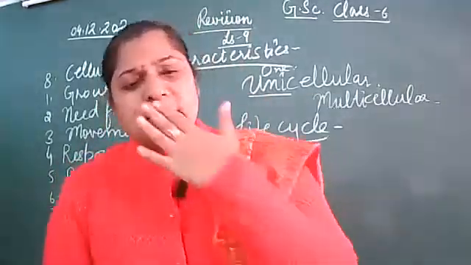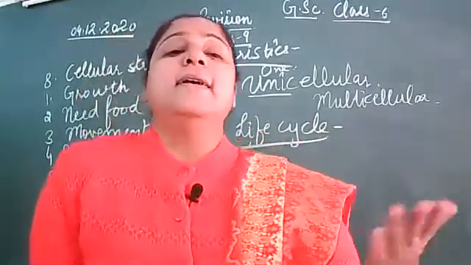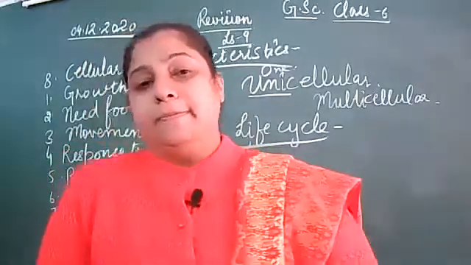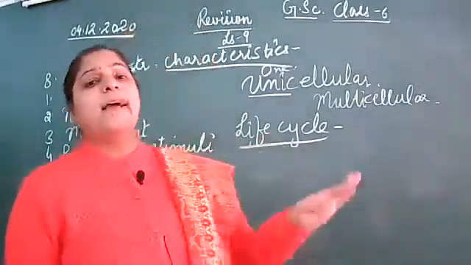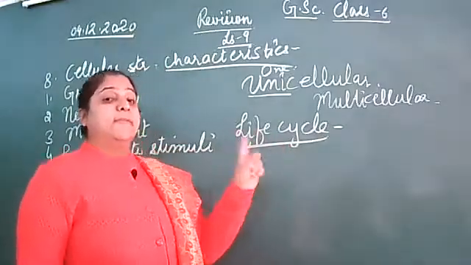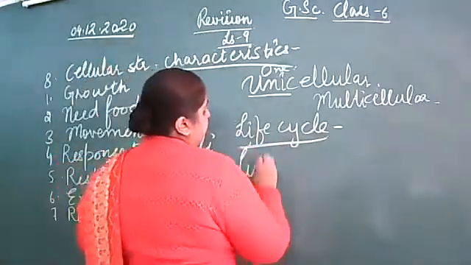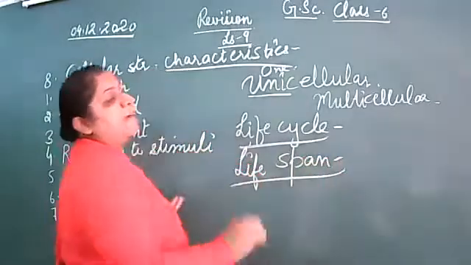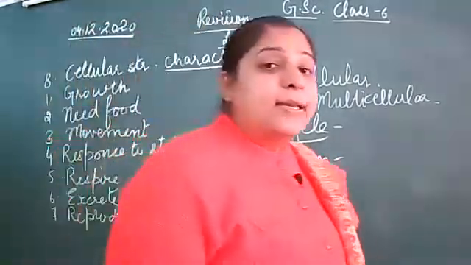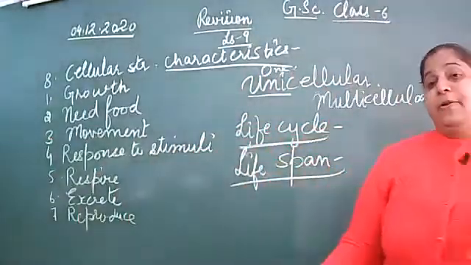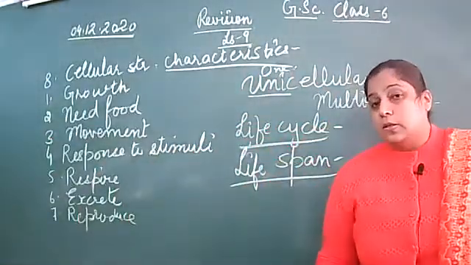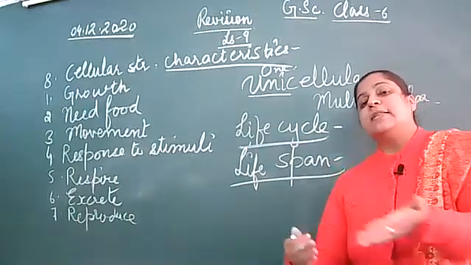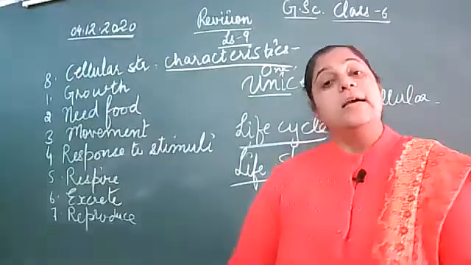All the human beings will have which life cycle? They take birth, then a child, then adult, then old man, right? All will have same life cycle, but different is what? Their lifespan. Different organisms have different lifespan. Some organisms may live for 2 minutes or 2 seconds in this world, while some may live up to 100 years.